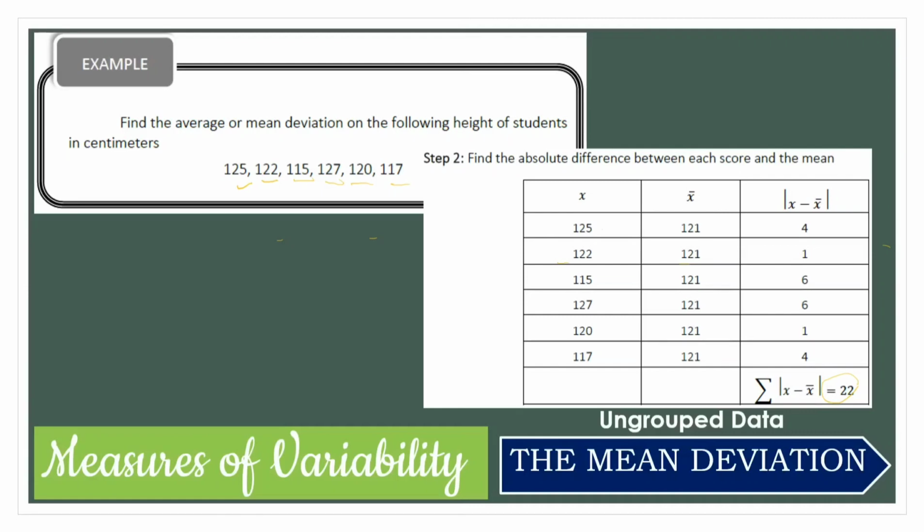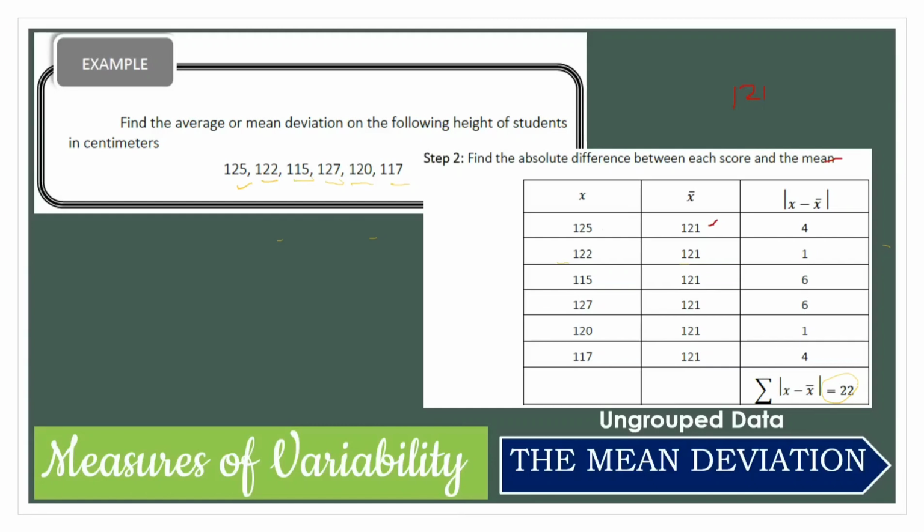For step 2, we find the absolute difference between each score and the mean. Since we know that the mean is, oh no, it is 121. It's already stated here. Okay, we simply subtract those and then get the absolute value.